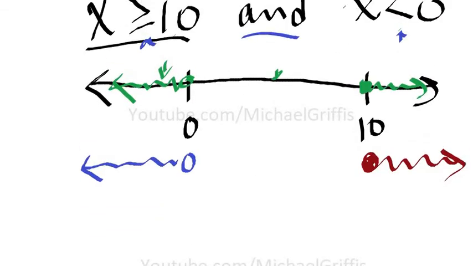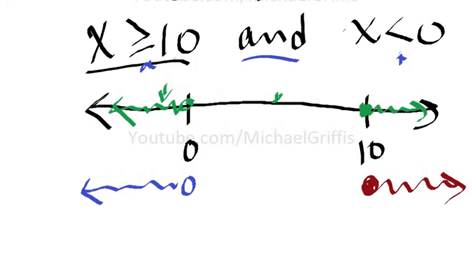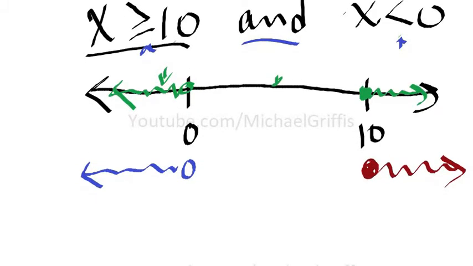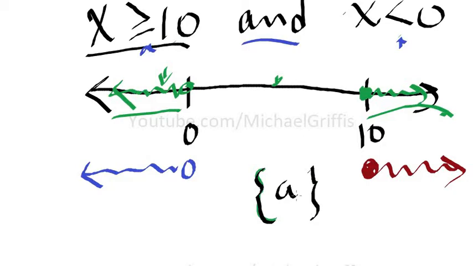So what's going on here? Well, because the word "and" means they don't intersect. In other words, this interval does not have anything in common with this interval over here. Remember the notation where we wrote curly brackets and then some numbers in here? Well, there is no number in there.